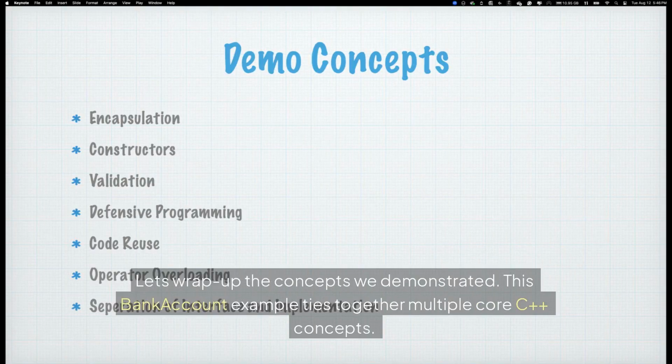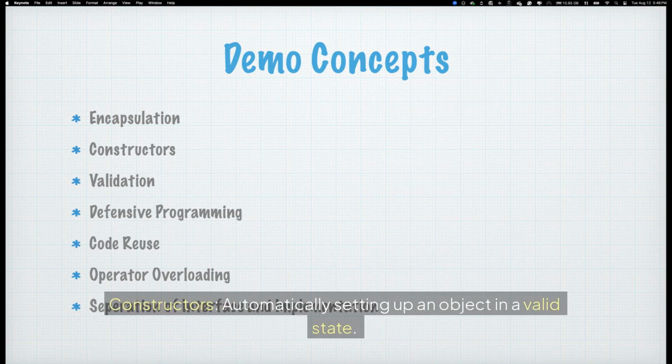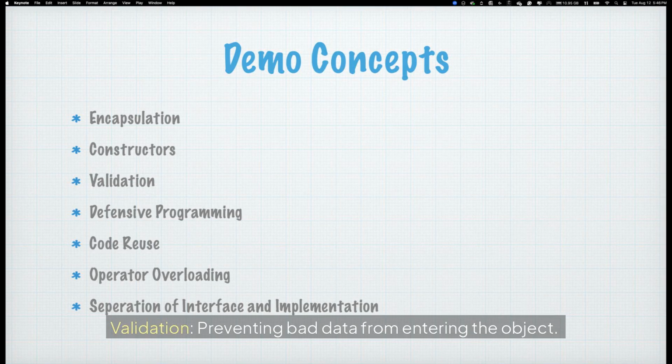Let's wrap up the concepts we demonstrated. This bank account example ties together multiple core C++ concepts. Encapsulation, keeping data private and exposing controlled access. Constructors, automatically setting up an object in a valid state. Validation, preventing bad data from entering the object.